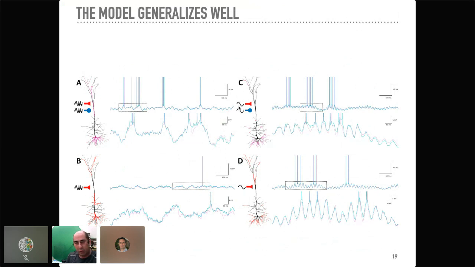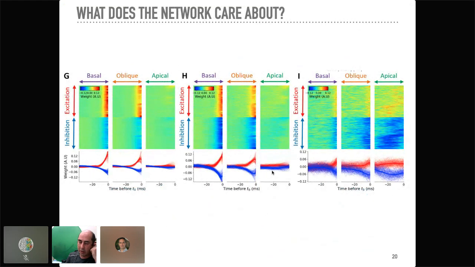Or if we introduce some synchronization in the excitatory and inhibitory input, we see bigger deviations, but we still have a very good fit, and in other conditions as well. So the model generalized very well out of the distribution that it was trained on.